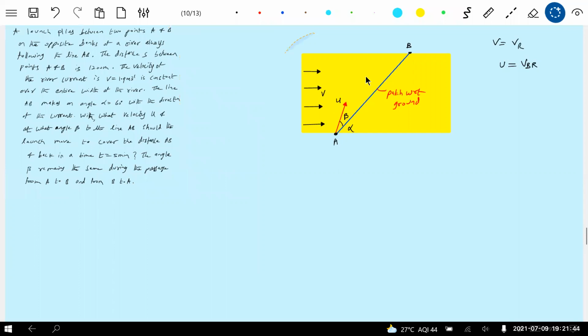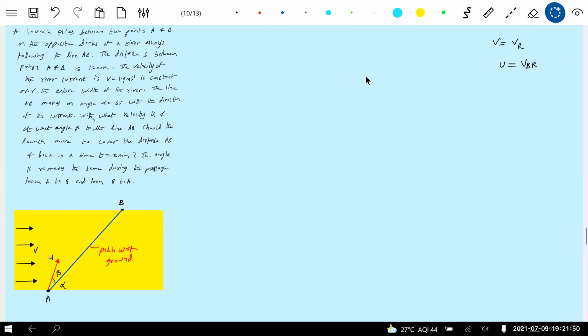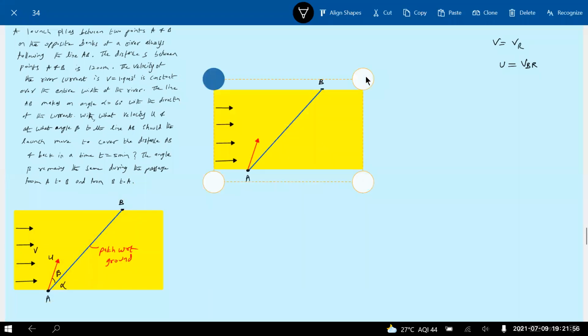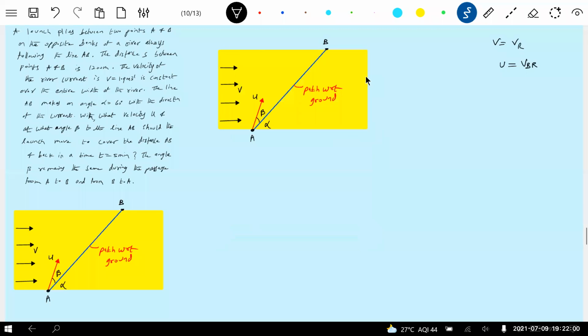The first is the onward journey. Let's go for the onward journey A to B. Path AB, we'll discuss this one. Then the velocity of the boat with respect to ground should be directed along path AB.